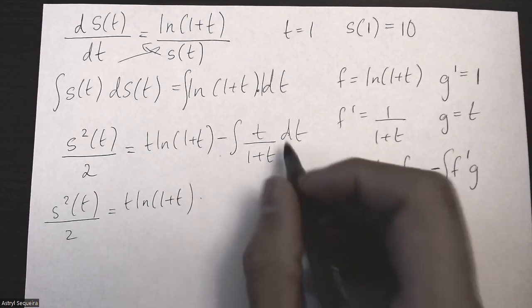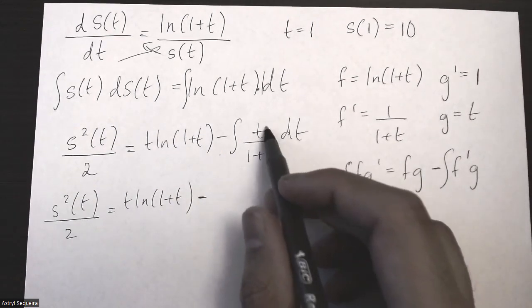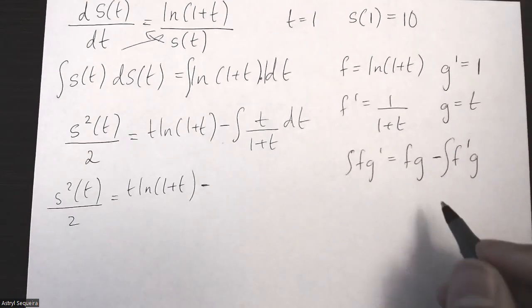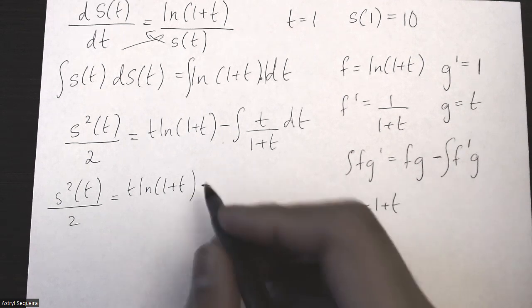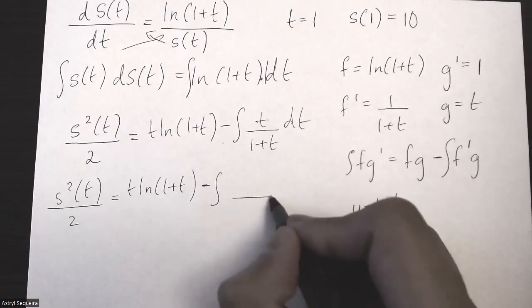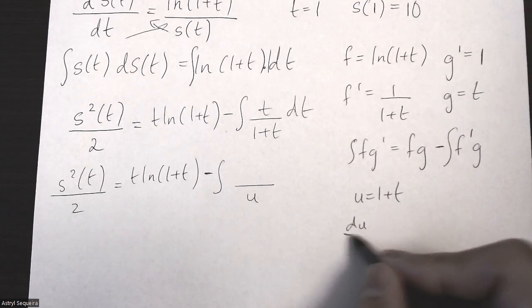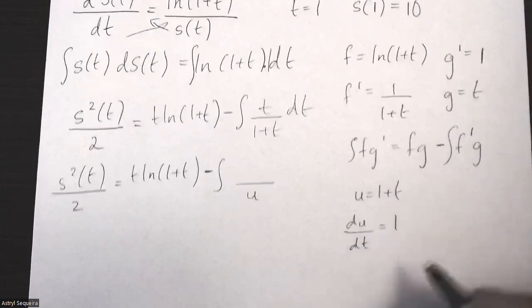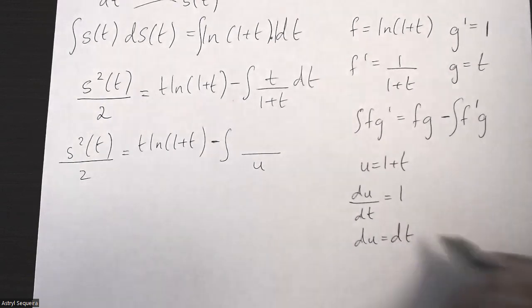And in order to integrate this function, I actually have to do substitution, because when you have t over 1 plus t, that's substitution. You make u equal to 1 plus t. So here I'm replacing the bottom with a u. Then we know that du over dt equals 1. If I cross multiply this over, du just equals dt.